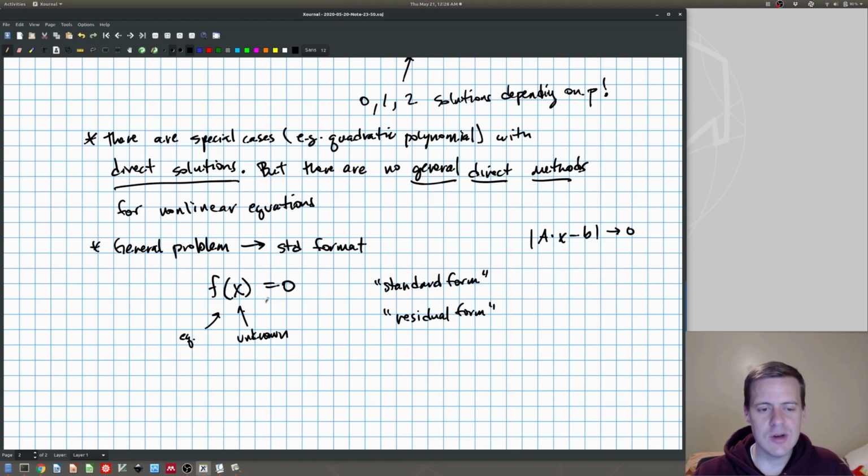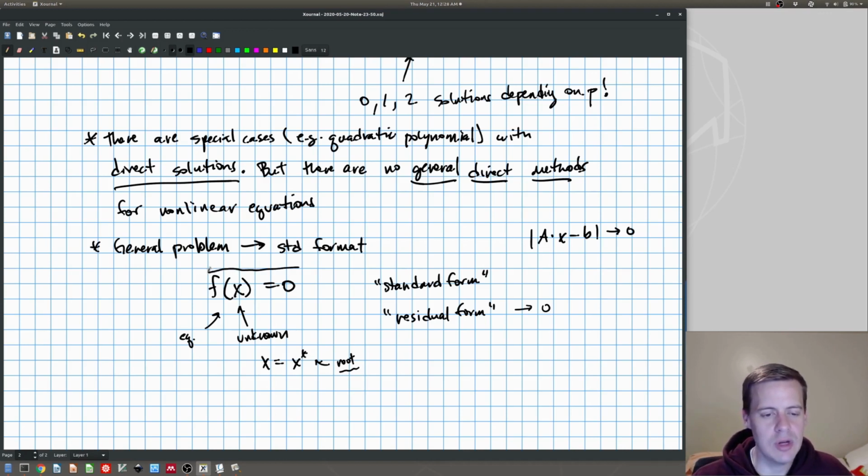Notice here that if we have the right root, if we find x equals x star, where this is the root, then this should equal 0. And so our residual should go to 0 when we have the root. Also note the word root: it's the special values of x where the function equals 0.